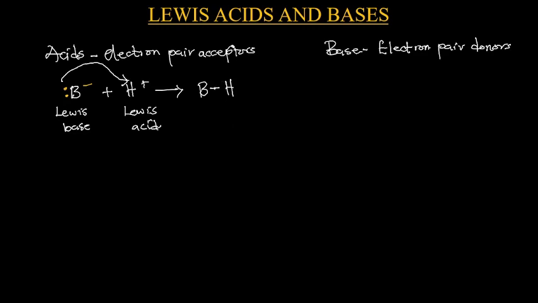All right. Now, what results from the donation of electrons from a Lewis base to an acid? The kind of bond that this results in is called a coordinate covalent bond.